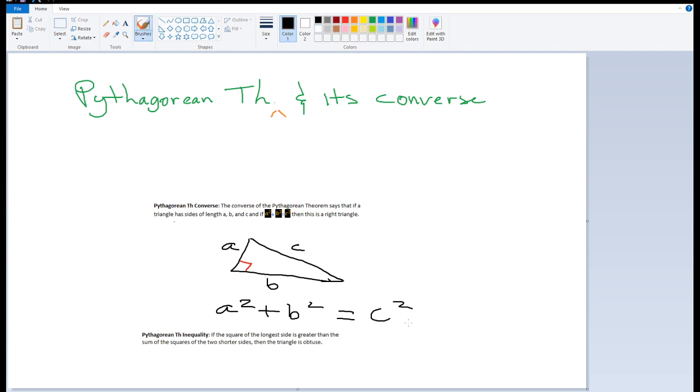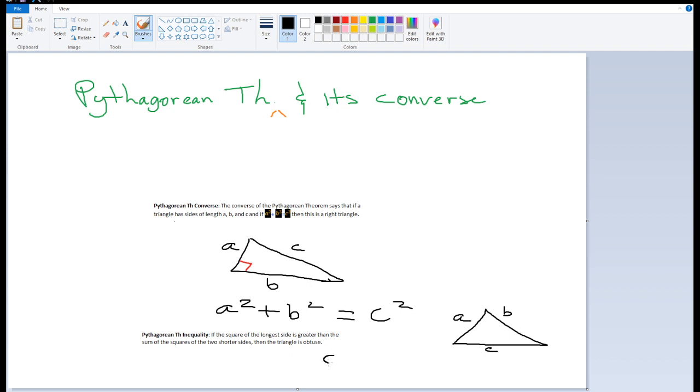If I have a triangle, we don't know what it looks like quite yet, we just know that we have a, b, and c. This says if the square of the longest side of this triangle is greater than the sum of the squares of the two shorter sides, then this is going to be an obtuse triangle.